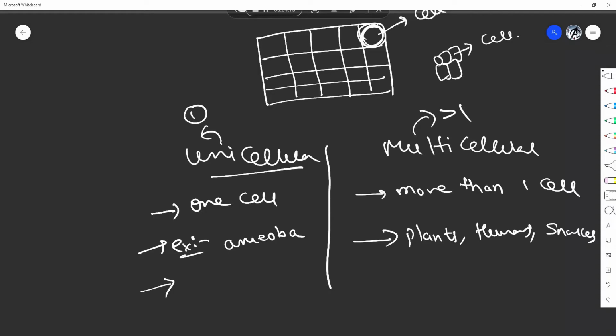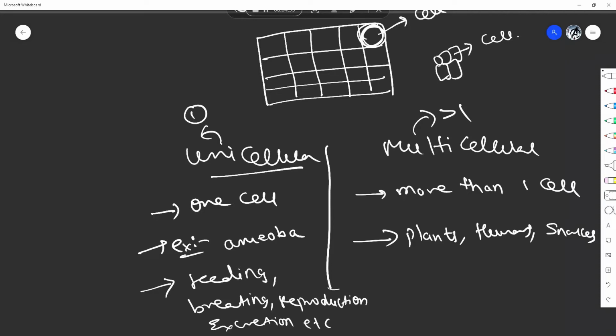One more point is, though a unicellular organism has one cell, it does all the normal functions that other organisms do, like feeding, breathing, reproduction, excretion, etc. All biological activities are as normal as in multicellular organisms.